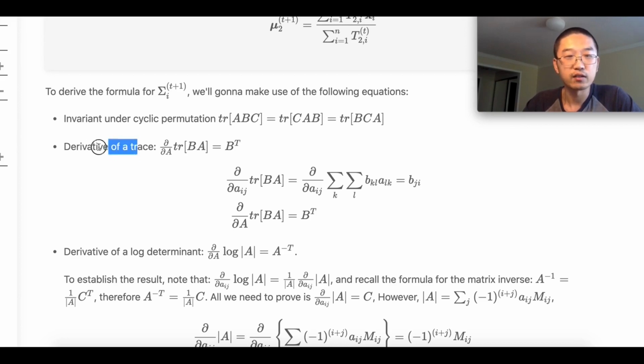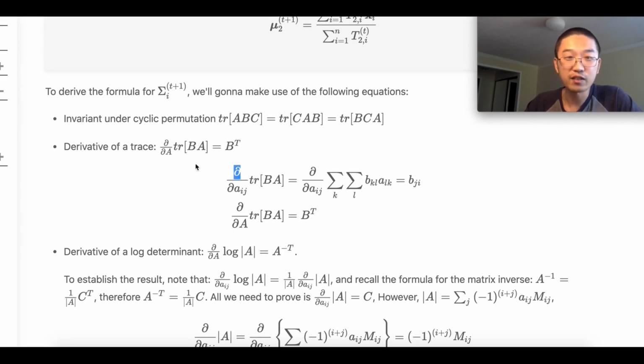Next, the derivative of a trace. Now there will be something interesting. Here A is a matrix, and we're taking the partial derivative of a trace with respect to a matrix. The result of this derivative is actually a matrix.